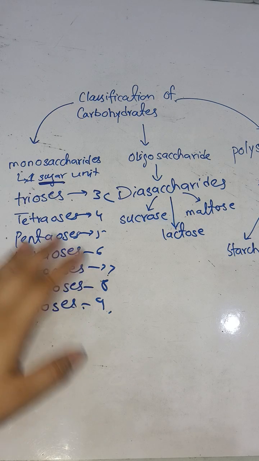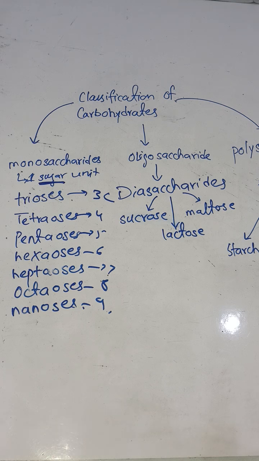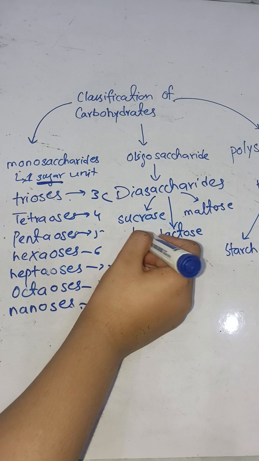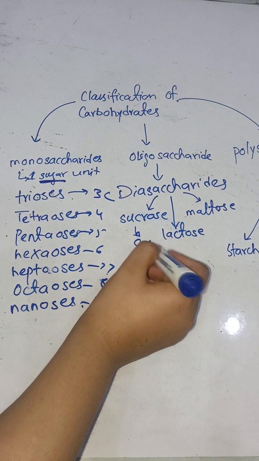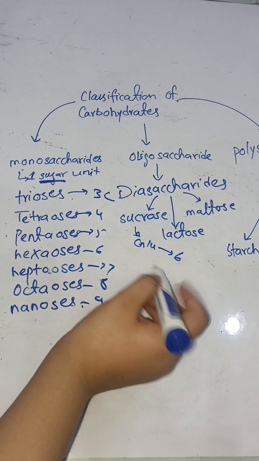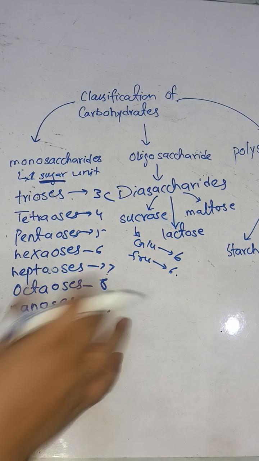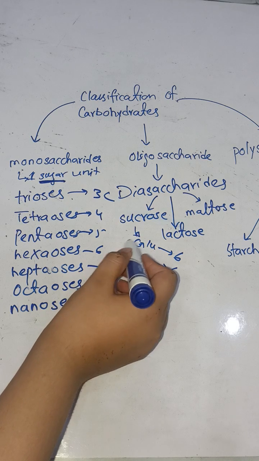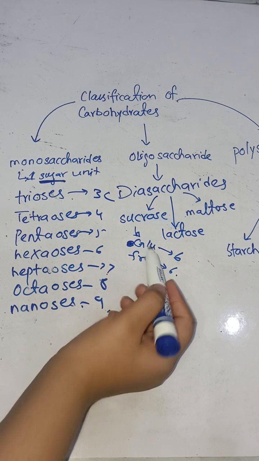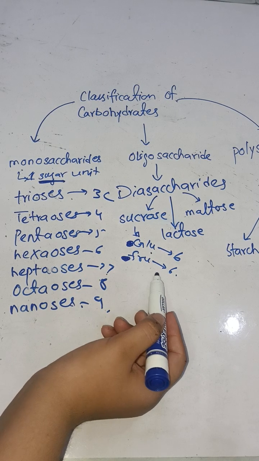While a disaccharide has two sugar units, in which sucrose has a glucose made up of six carbon atoms and a fructose which is also made up of six carbon atoms. So it has two units in it. Glucose is one sugar unit, and fructose is one sugar unit.